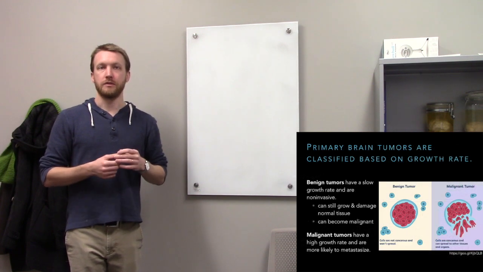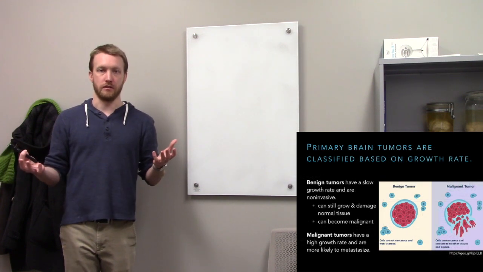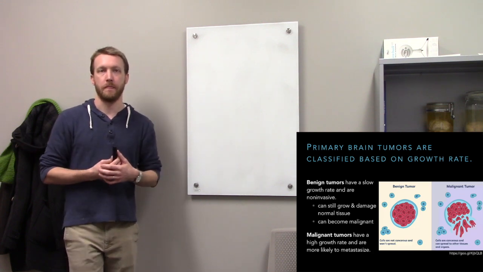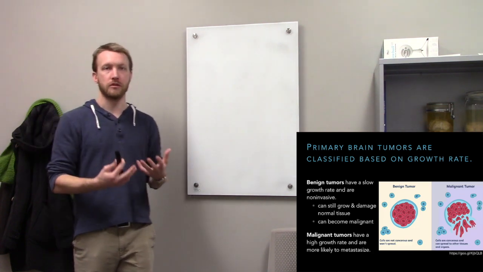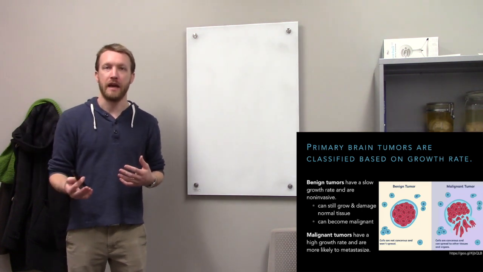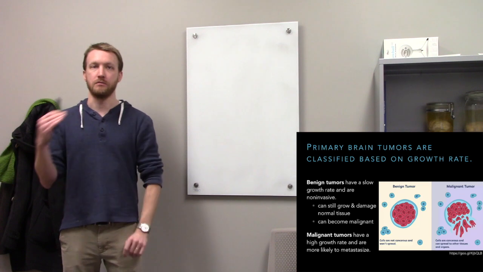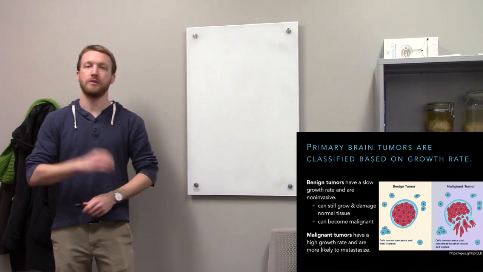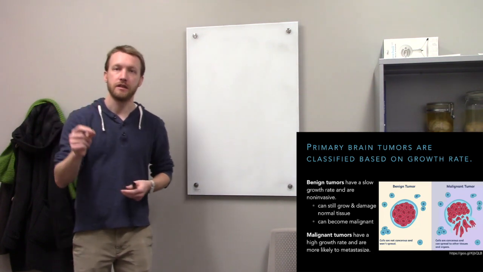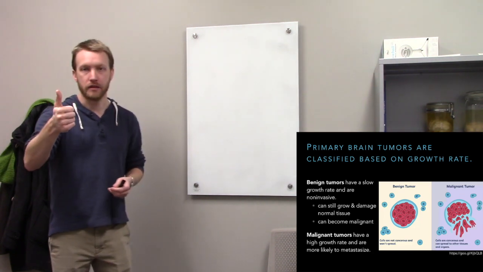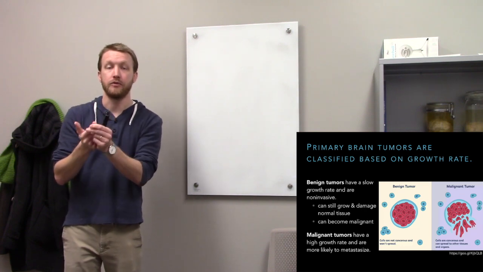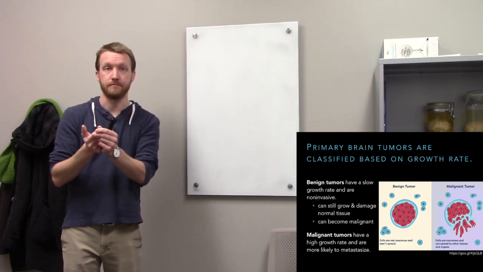The tumors that we talk about, you can call them benign or malignant, and that kind of depends on their growth rate and how invasive they are. So a benign tumor is still a tumor. We still have cells reproducing in an inappropriate manner, but it's not as aggressive as a malignant tumor. That's when we call something a true cancer, because in a malignant tumor, cells are reproducing rapidly, and they're able to leave that cell mass and move to other parts of the body.